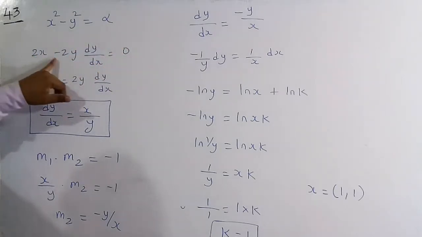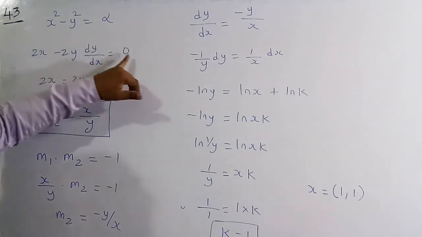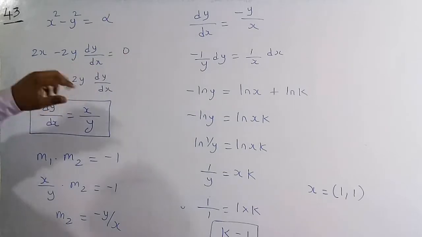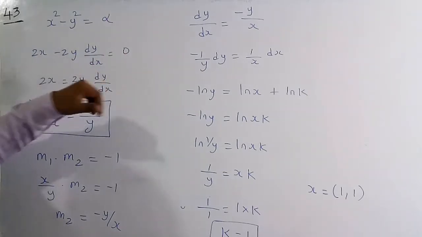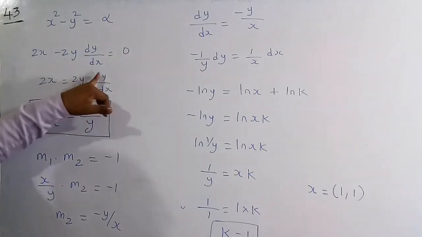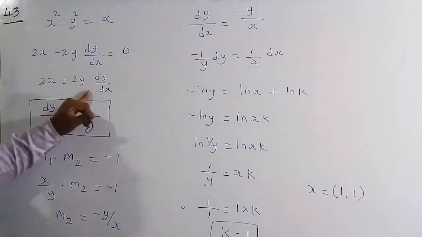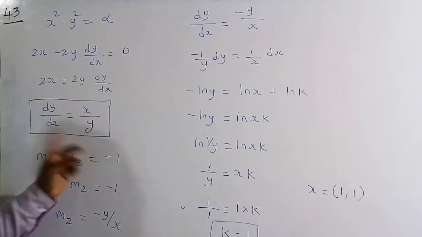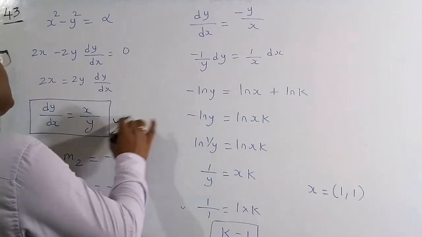We are going to get 2x minus 2y into dy by dx is equal to 0, because alpha is a constant value. If you take this part to the RHS, we get 2x is equal to 2y into dy by dx. If you solve this, we get dy by dx is equal to x by y. So this is the slope of this graph.